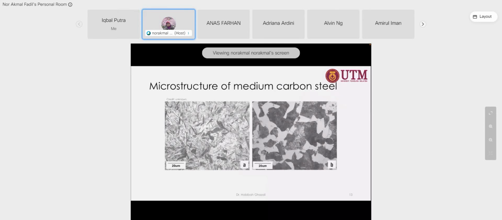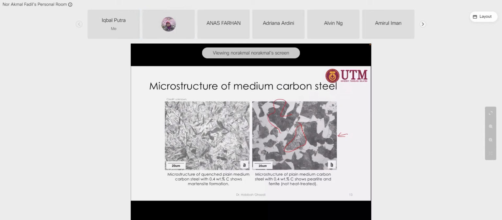So if we look at the microstructure, okay, for example, this one is plain without the heat treatment, and this one is 0.4. Look at 0.4. Unlike the 0.08 just now for low carbon steel, where you don't see much pearlite, for this, without the heat treatment, you can see pearlite structure.